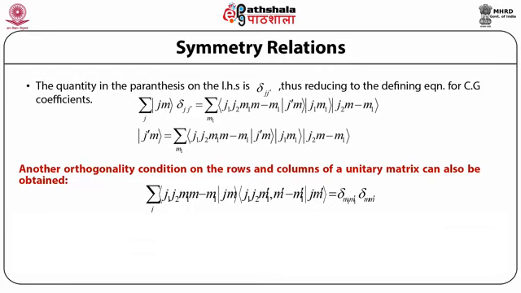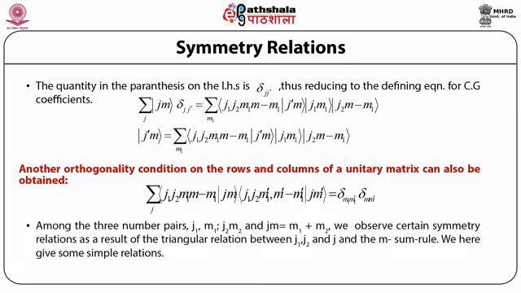Similarly, another orthogonality condition on the rows and columns of a unitary matrix can also be obtained in the above manner, and the final result turns out to be the summation over j of ⟨j1 j2 m1 m−m1|jm⟩ ⟨j1 j2 m1' m'−m1'|jm'⟩ equal to δ_m1m1' δ_mm', where the quantities within the summation over j are the Clebsch-Gordan coefficients for j1 j2 m1 m2, where m2 is equal to m−m1, and j1 j2 m1' m2', where m2' is equal to m'−m1'.